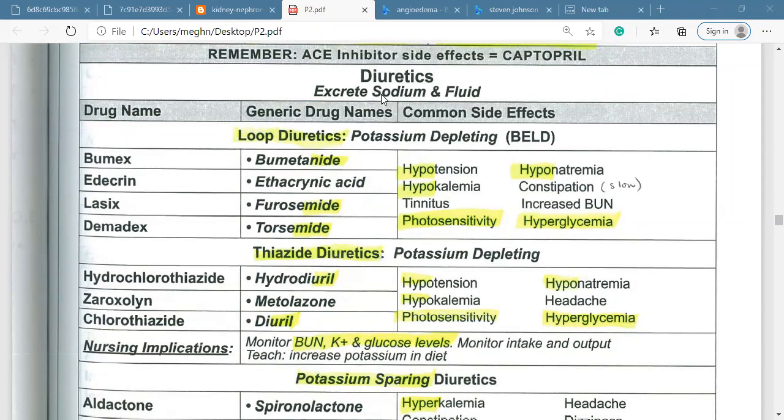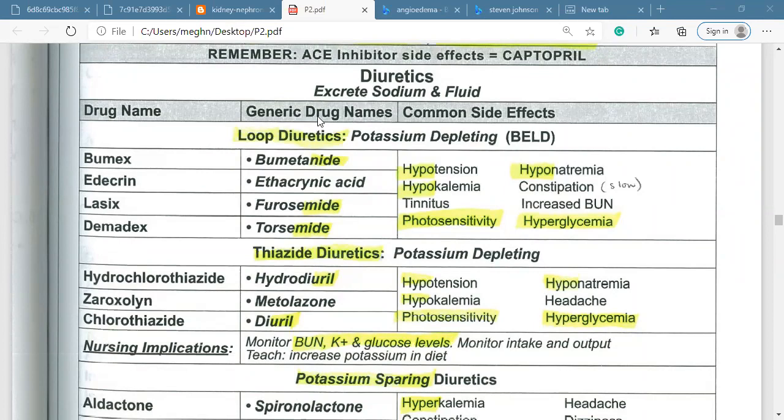When body volume goes down, blood pressure goes down as well, because blood pressure depends on total body fluid and peripheral resistance as well. So diuretics cause the body to eliminate sodium and eliminate fluid.